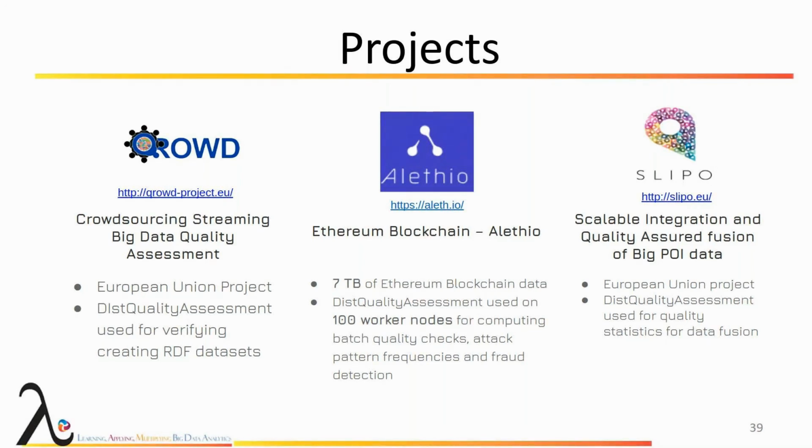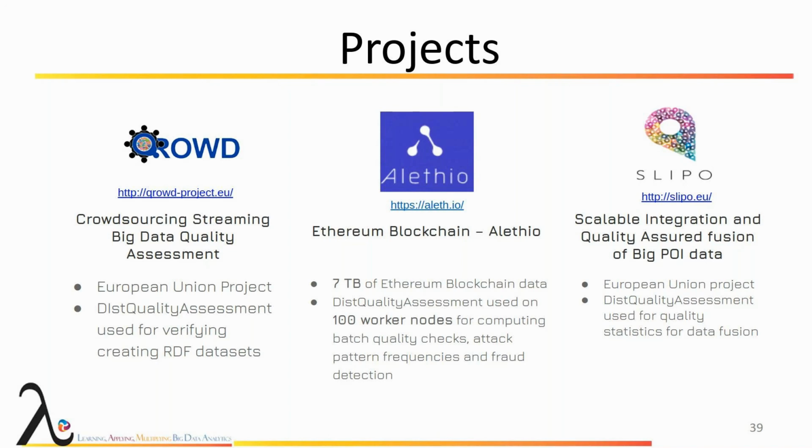Slipo was mainly focusing on points of interest and predictive analytics on top of that. So that's why we have used SANSA to compute various pipelines there. That's why we also put some emphasis in the notebooks on providing visual Slipo-related use cases.